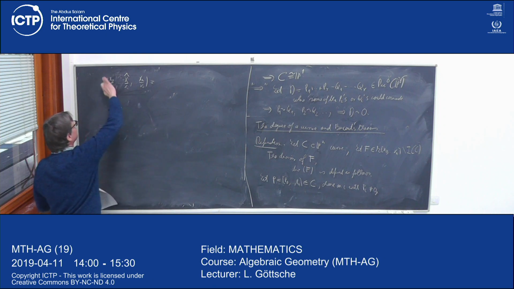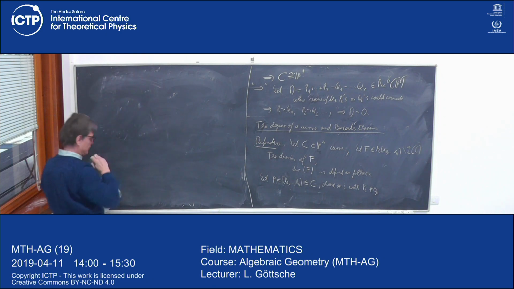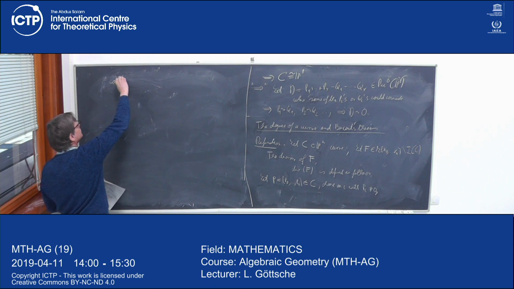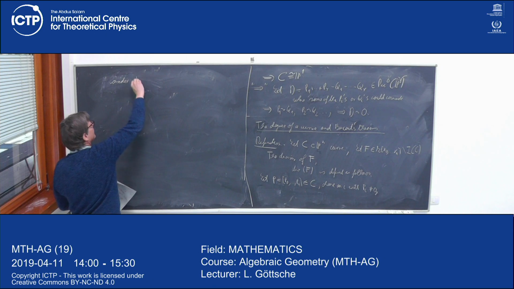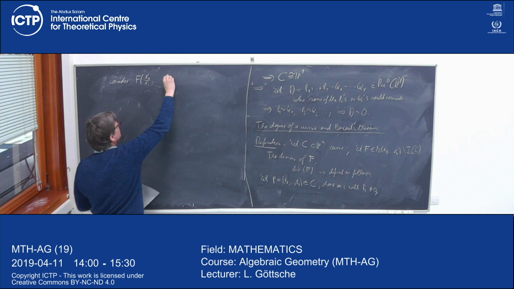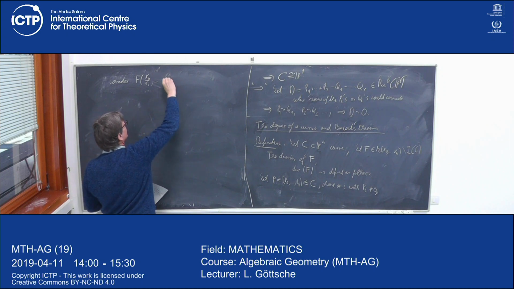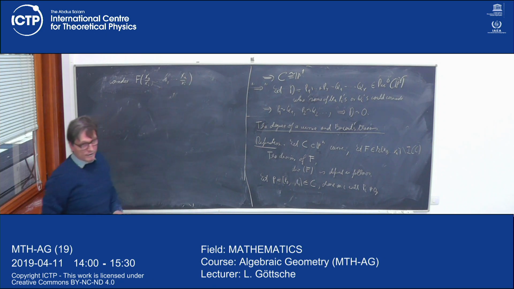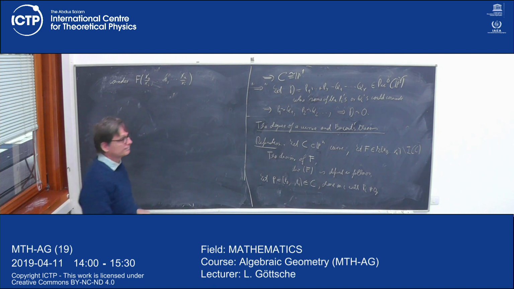So let's just look at this. We consider f of x0 divided by xi, and so here we have 1, xn divided by xi. These are now rational functions, a quotient of two polynomials.